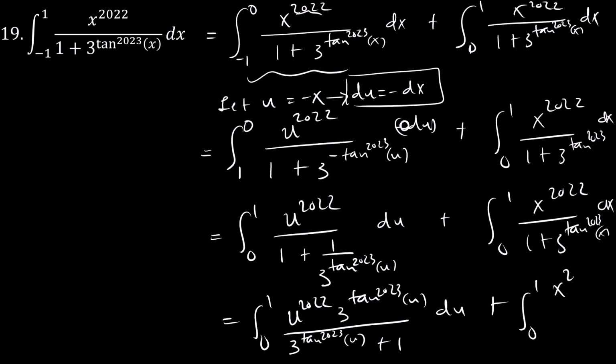X to the power 2022 over 1 plus 3 to the power tangent 2023 of x. So what we've come to find out is that our problem is the integral from 0 to 1 of x to the power 2022 times tangent to the power 2023 of x.